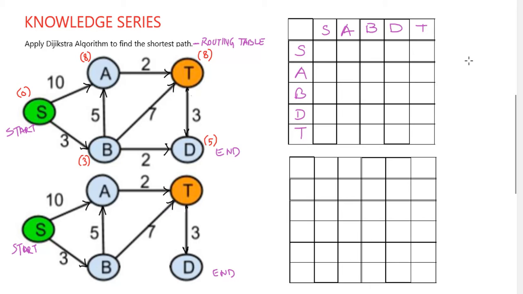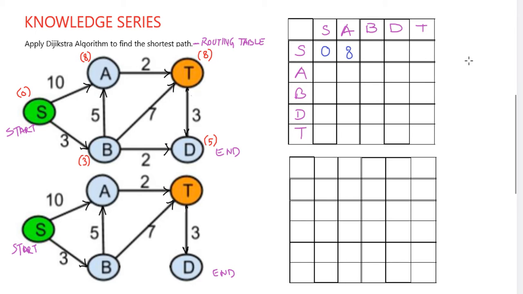From a given vertex S, once it travels to its own point, we can assign the weight as 0. And from S to A, the weight at A is 8.